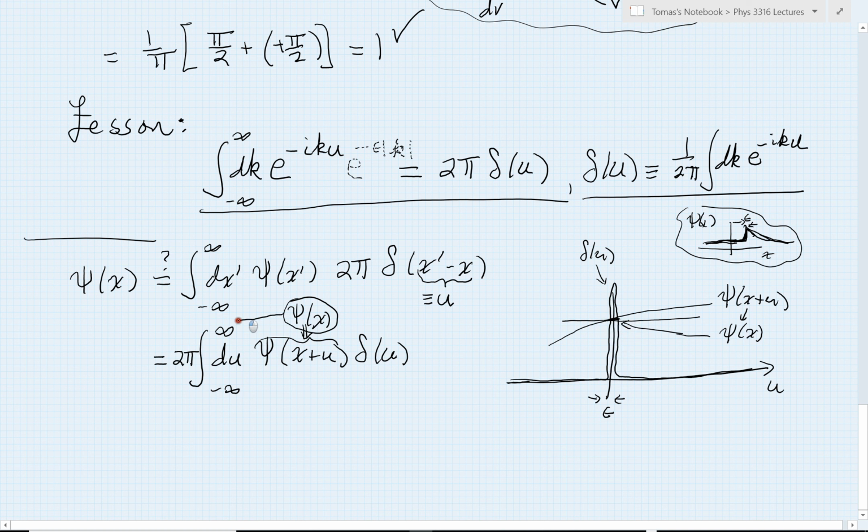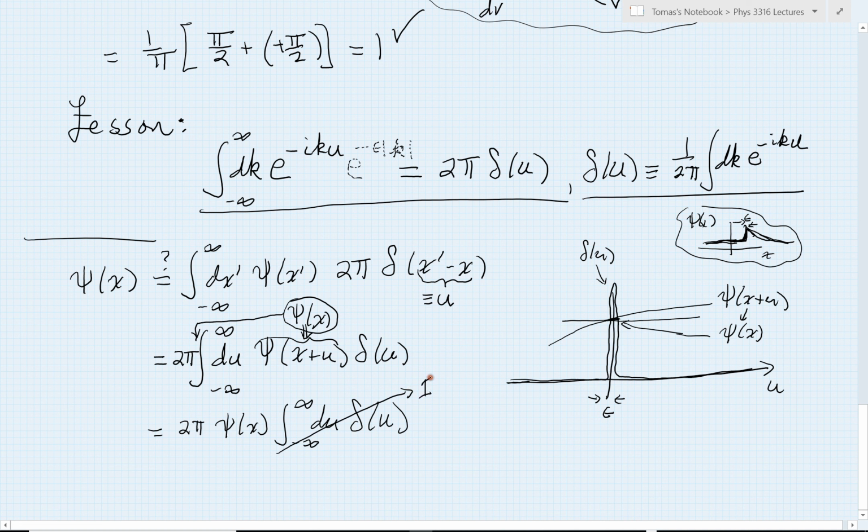So then I can pull this as a constant out of my integral, and I'm left then with 2 pi times psi of x times the integral from minus infinity to infinity over u of my delta distribution. And the beauty is, we know that this integral, we've just proved it. That integral is, in fact, just 1.